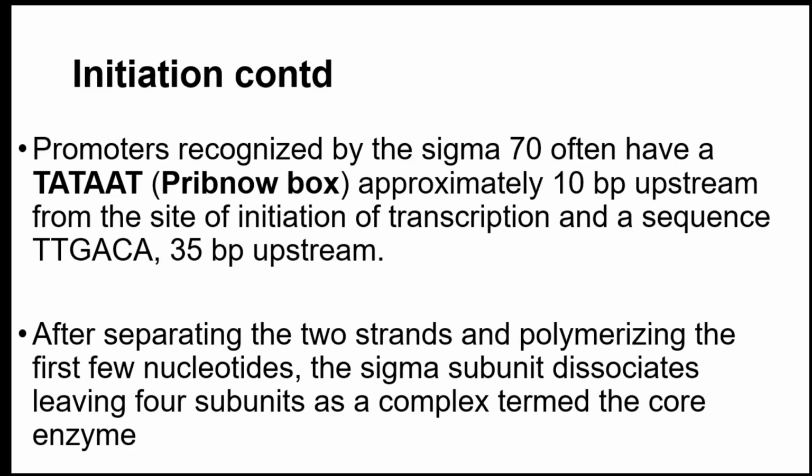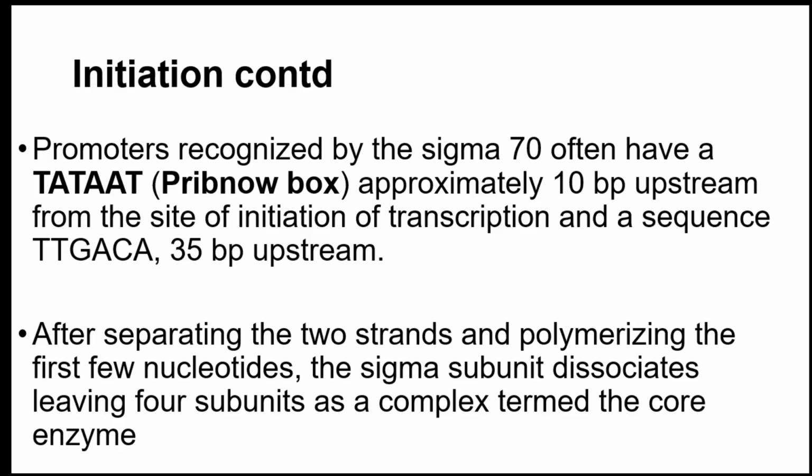Now, what happens is that the moment the sigma 70 subunit recognizes the promoter, RNA polymerase is going to come and bind onto the promoter sequence, which is just close to the gene. The moment it binds, that specific part of DNA is going to start unwinding.